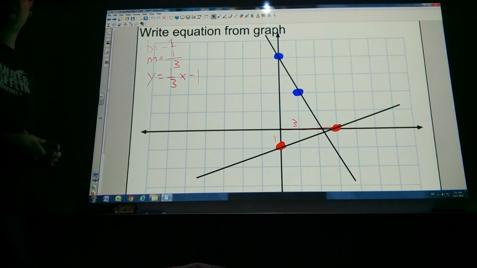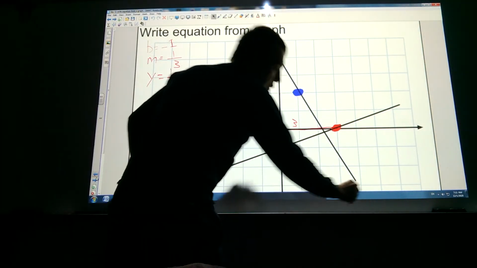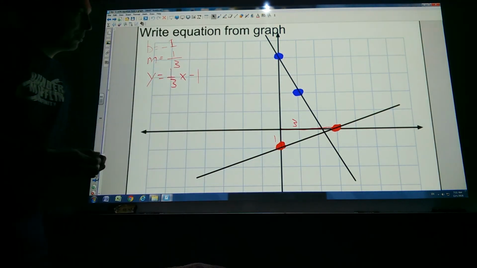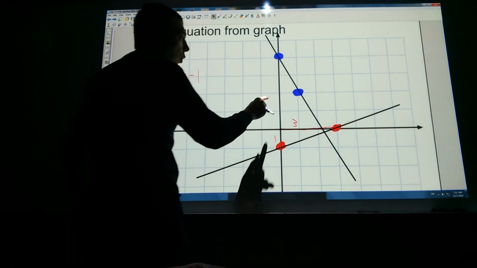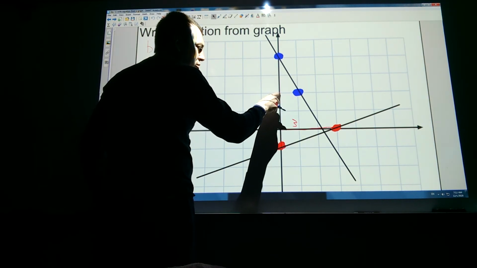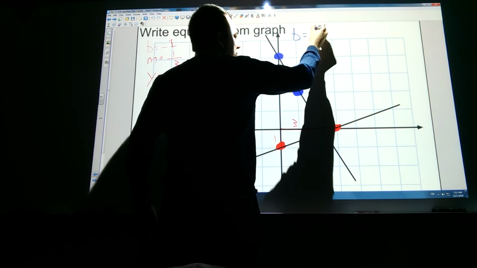Now the blue one's slightly tougher because this line is going down. This has a negative slope. So the blue, the y-intercept, the starting point is up 1, 2, 3, 4. The y-intercept is 4.